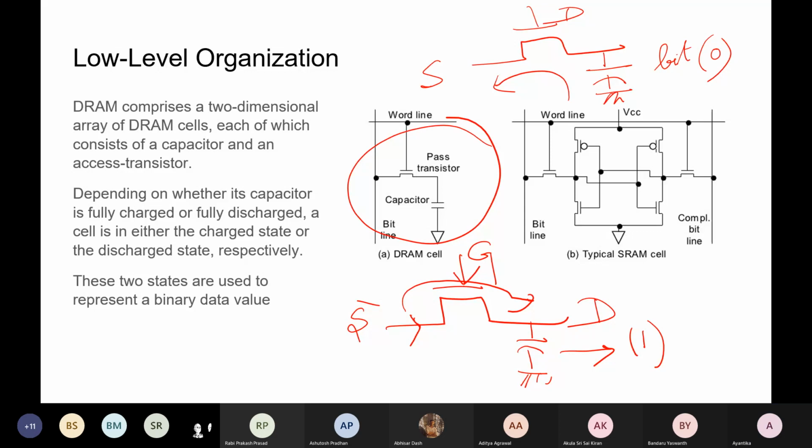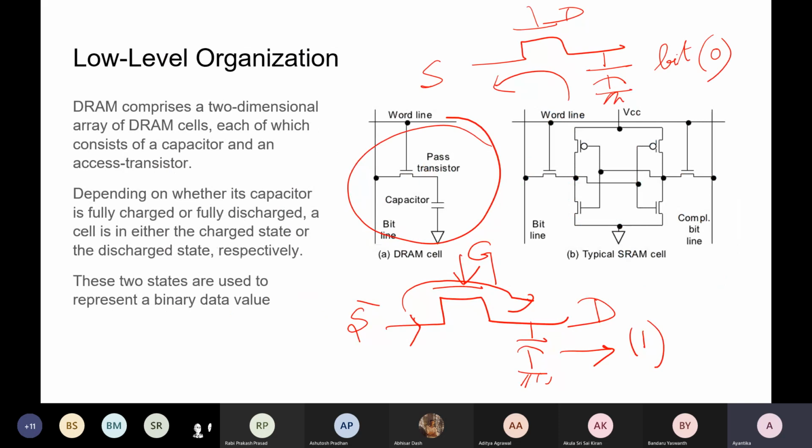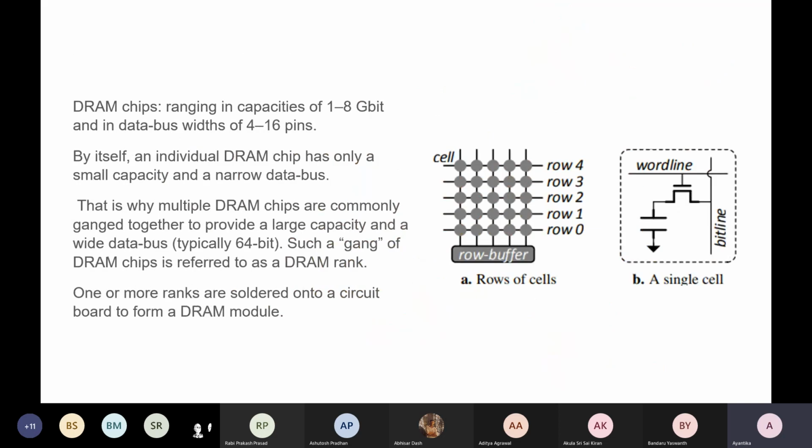Now in today's ICs, circuits and embedded systems, we are not working with a single 1-bit DRAM cell. We are working with multiple DRAM cells arranged together in rows and in columns.